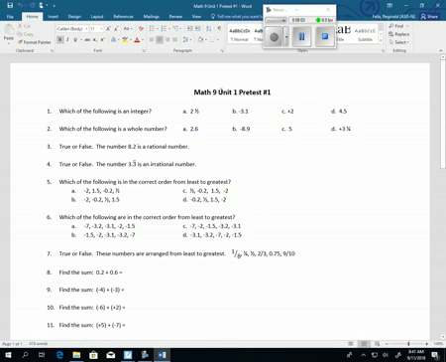So here we have an example. Which of the following is an integer? Integers, remember, are numbers that can be either positive or negative. And we are not looking at whole numbers. So here we're looking at which is a whole number. Whole numbers do not include fractions.